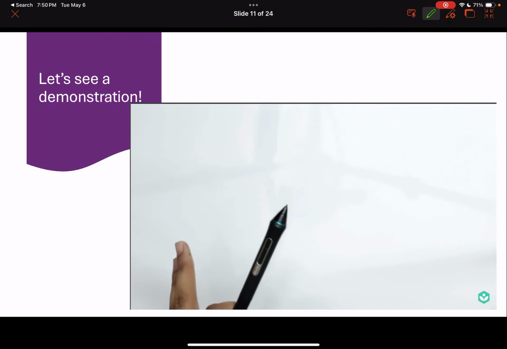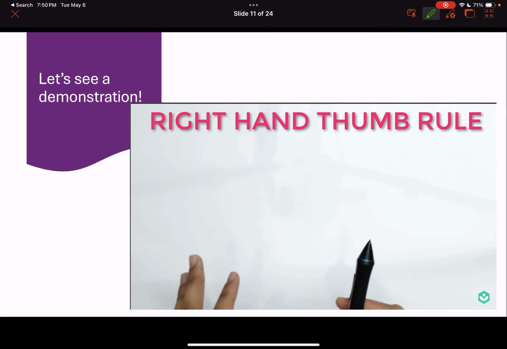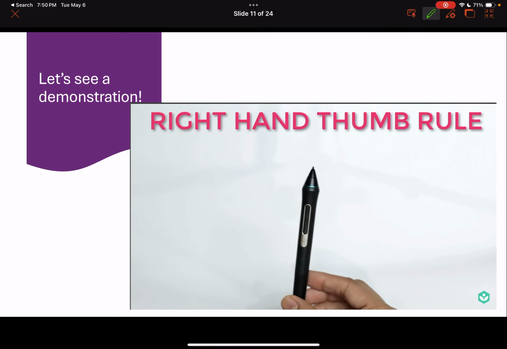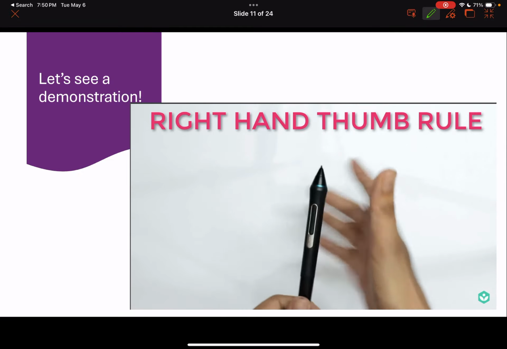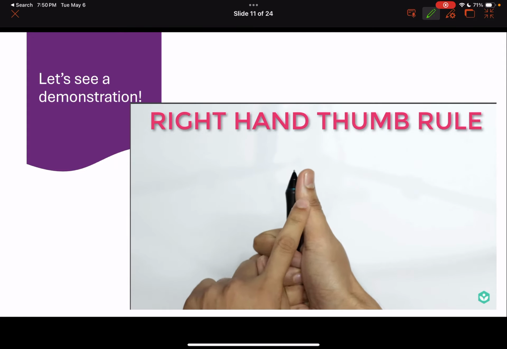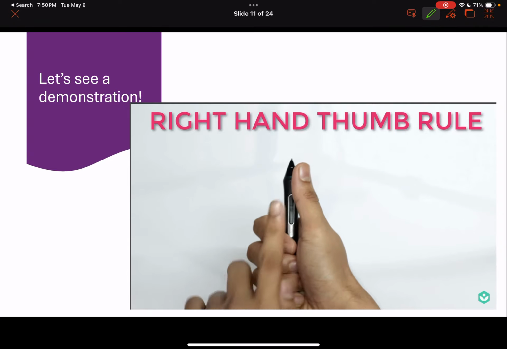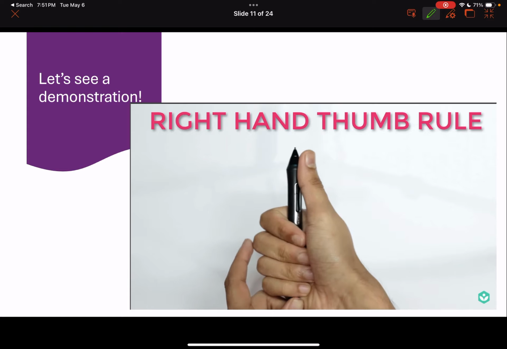So a simple rule that we're going to use over here is called the right hand thumb rule. It says that you take your wire and you clasp it with your right hand, not the left hand, right hand, such that the thumb represents the direction of the electric current. So over here, notice the electric current is this way, so my thumb has to point in that direction.